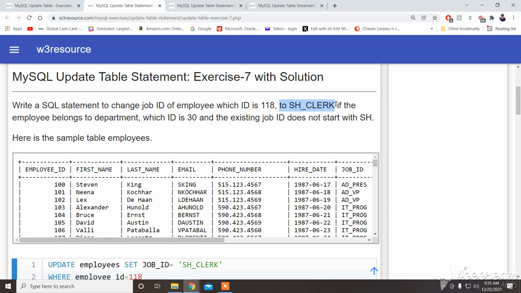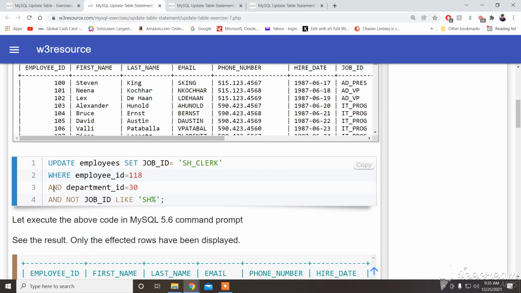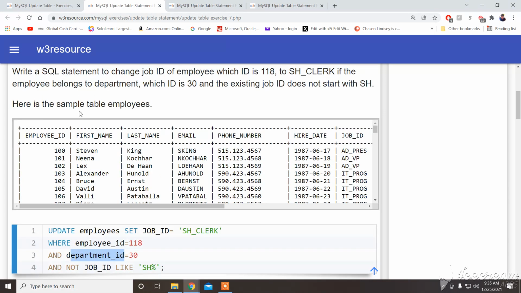All right, if the employee belongs to the department, so belongs to department, and also put the AND.